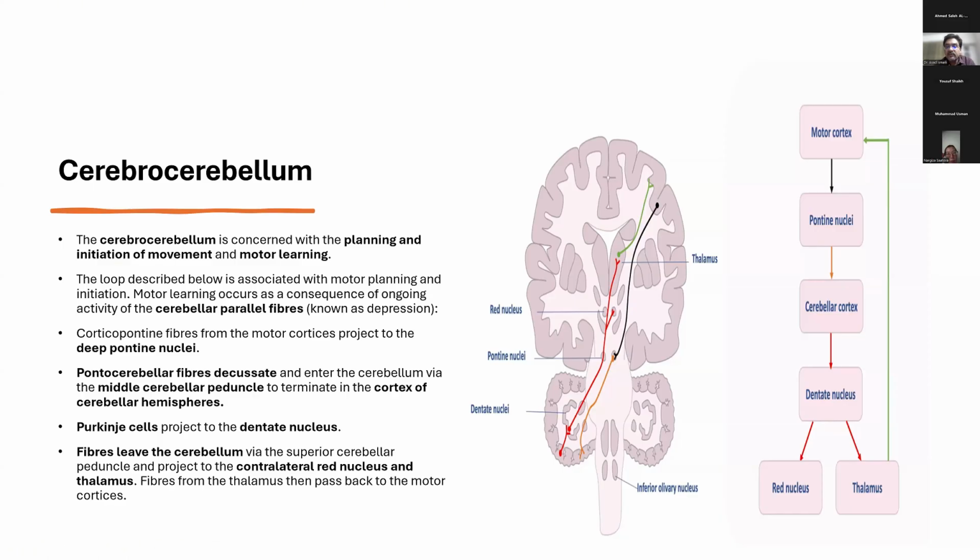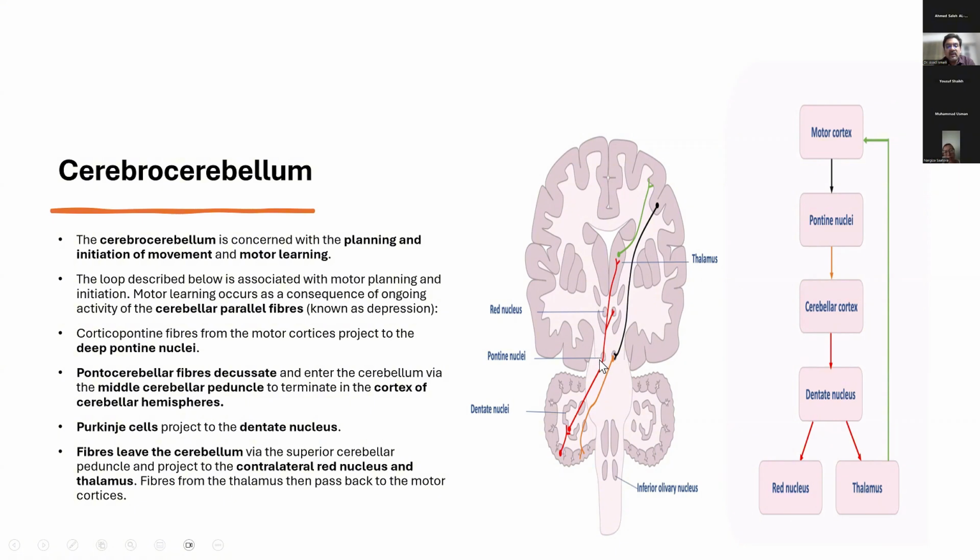Now the cerebrocerebellum. So this is important. The cerebrocerebellum is concerned with the planning and initiation of movement and motor learning. So what does it do? It is associated with motor planning and initiation. Motor learning occurs as a consequence of ongoing activity of the cerebellar parallel fibers, and the corticopontine fibers from the motor cortices project to the deep pontine nuclei.